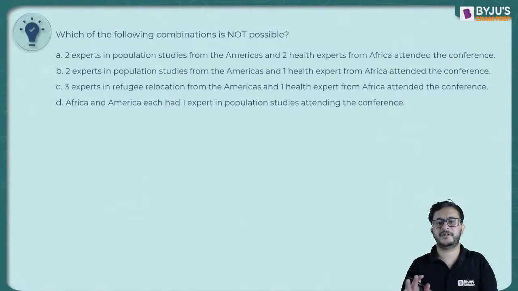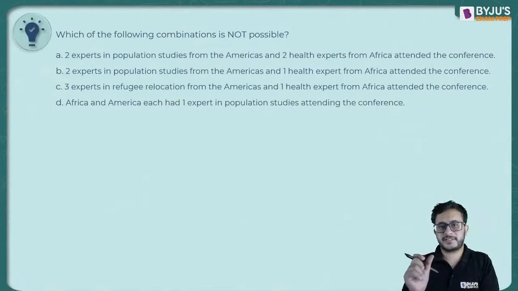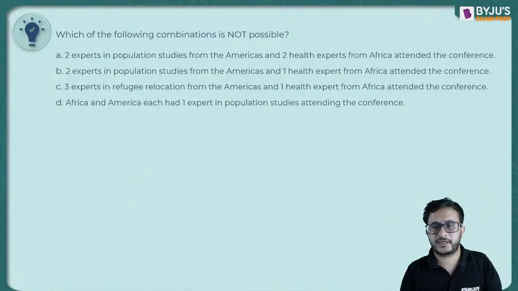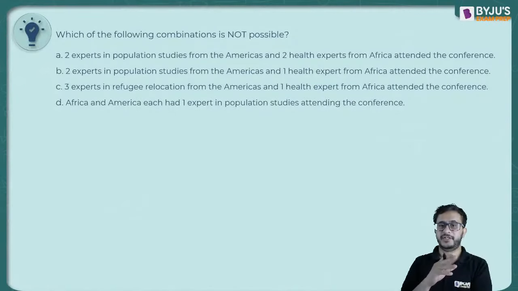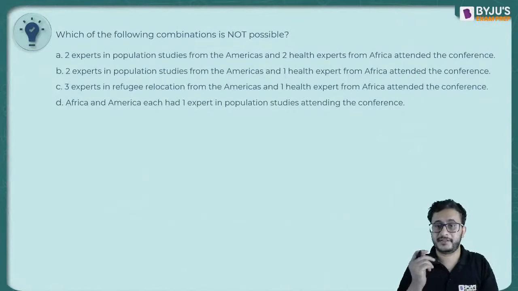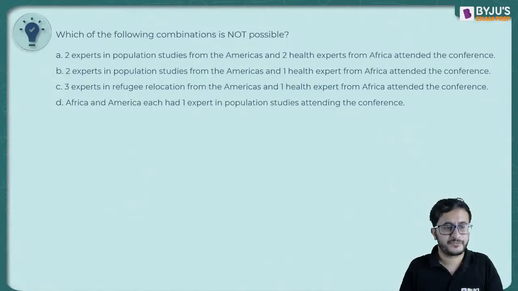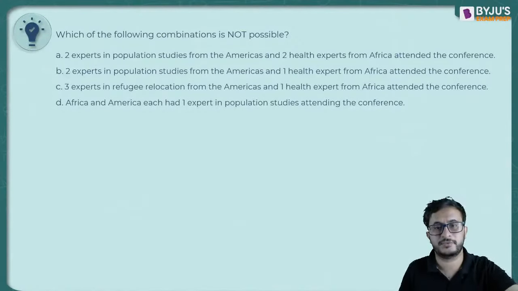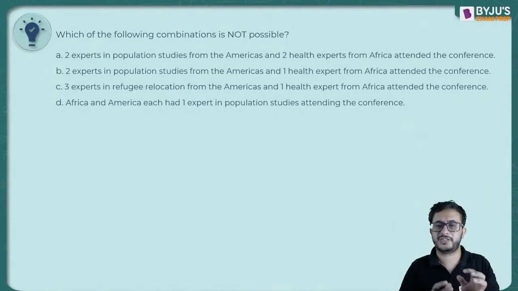Now I would rate this set as difficult because you are getting multiple possibilities. It looks to be easy, it is not difficult to fill, but given the number of cases... It happens in CAT that sometimes the question may not be very difficult, but you will have multiple possibilities.